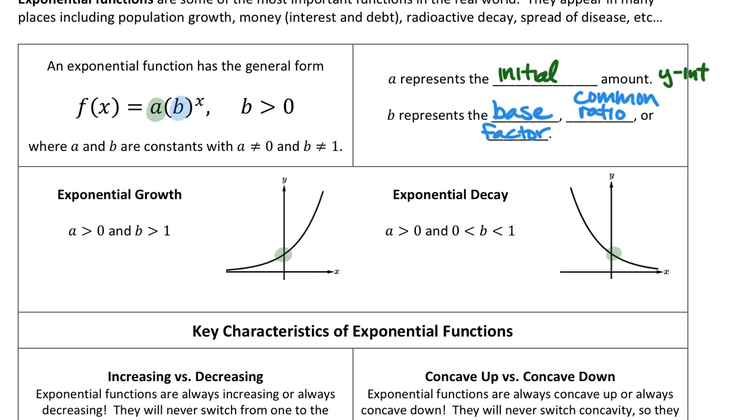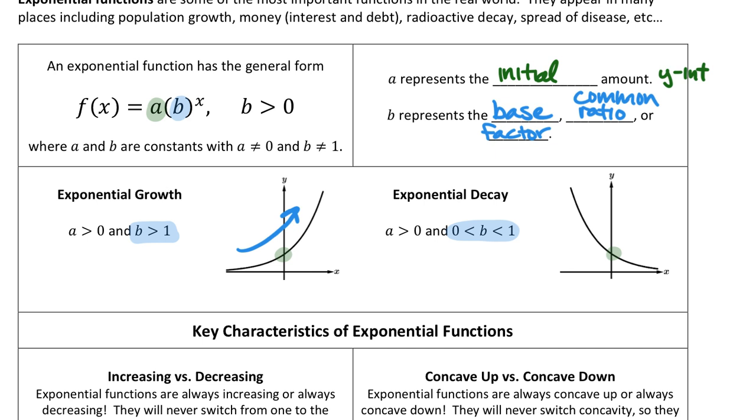For exponential growth, your base, your b value, is going to be bigger than 1. So a number like 2 or 5 or 1.5. Those are all numbers that are bigger than 1, which makes our graph grow. It's going to get bigger and bigger and bigger very, very quickly. On the other hand, exponential decay, the base is going to be some number between 0 and 1, so some sort of true fraction.